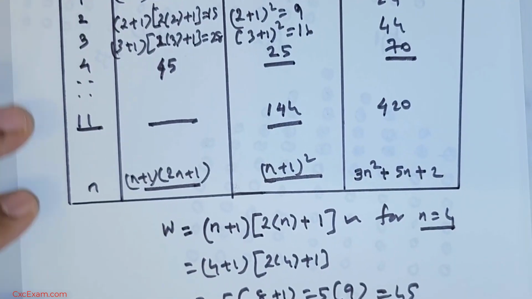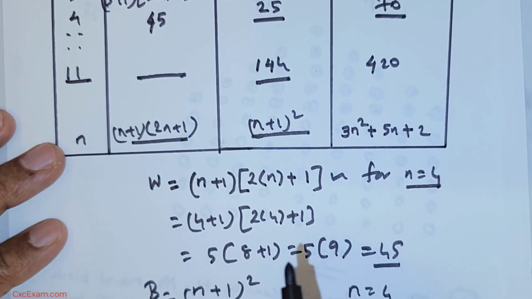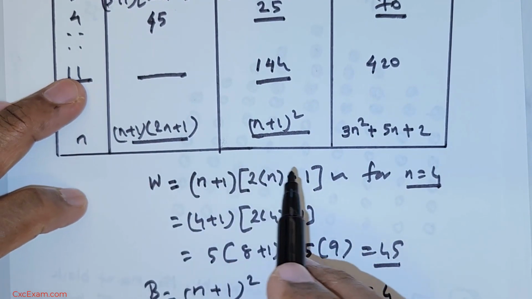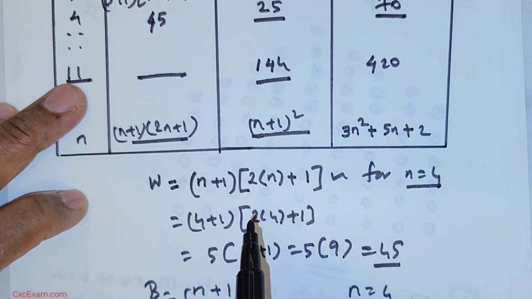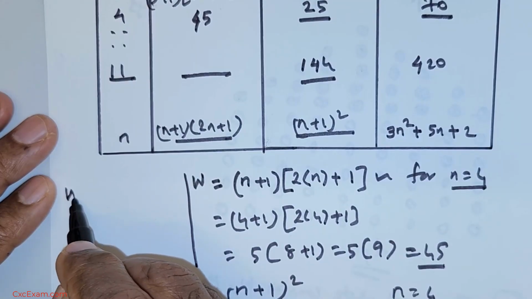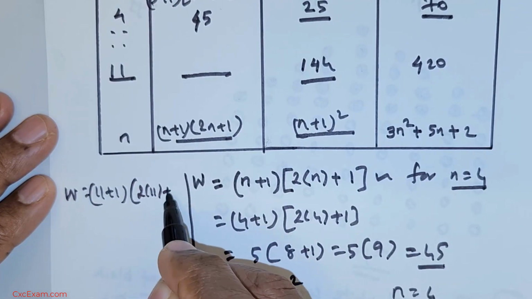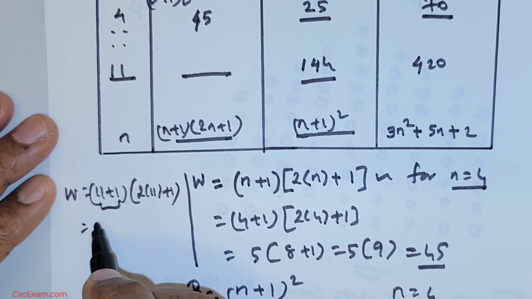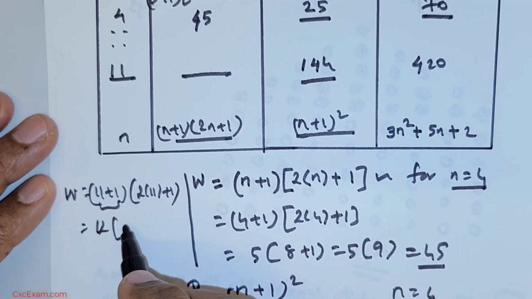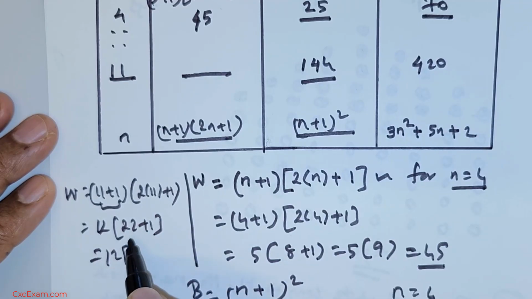Okay. Now moving on, we need to get this value, right? So all we need to do is substitute the value 11 for n. So w is equal to (11 + 1) times (2 times 11 + 1). 11 added with 1 is 12. 2 times 11 is 22 added with 1 is 23.